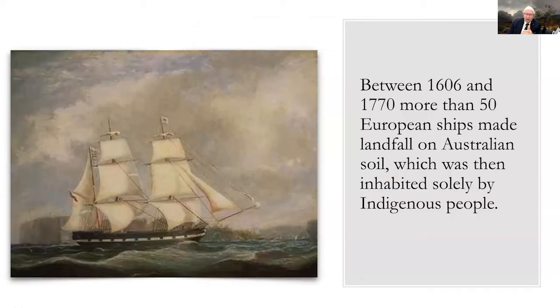We jump a long way forward in history to between 1606 and 1770, when more than 50 European ships made landfall on Australian soil. Most of these islands and places were discovered by specific exploration expeditions sent out from different countries, not just England, but Norway, the Netherlands, Portugal, Spain, and other places.